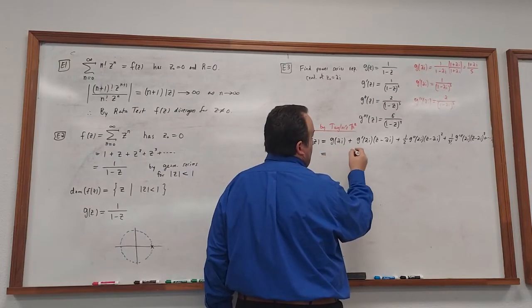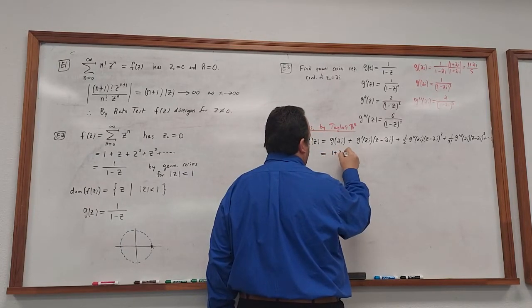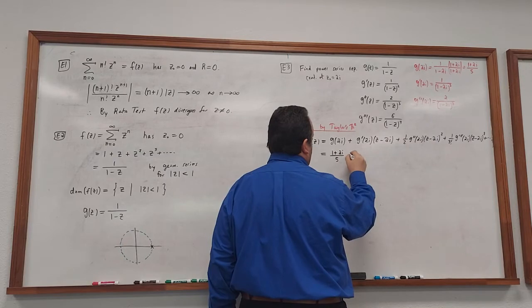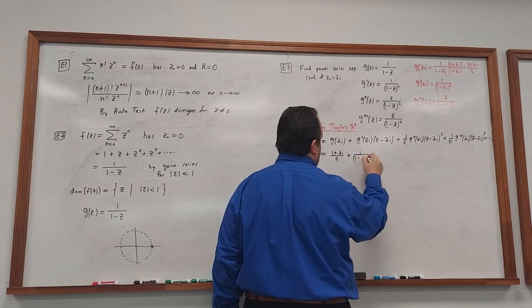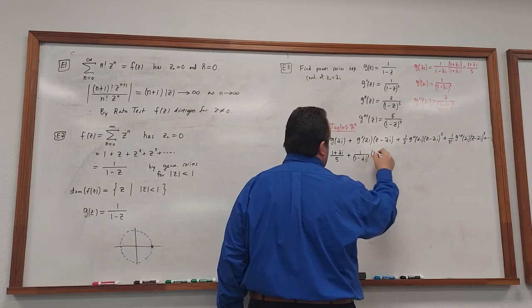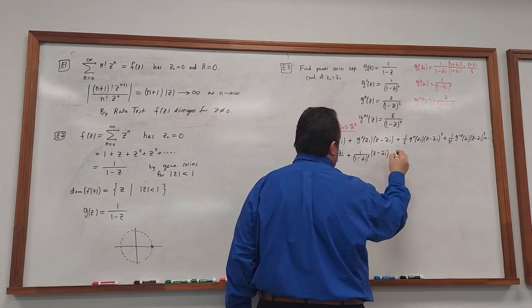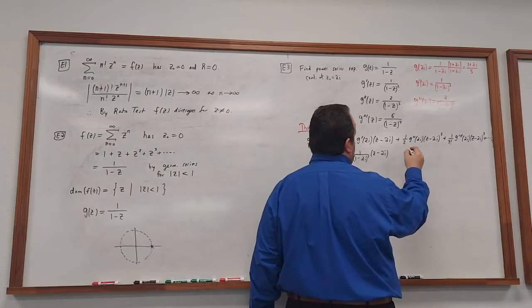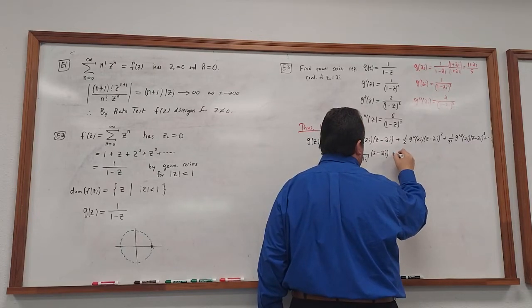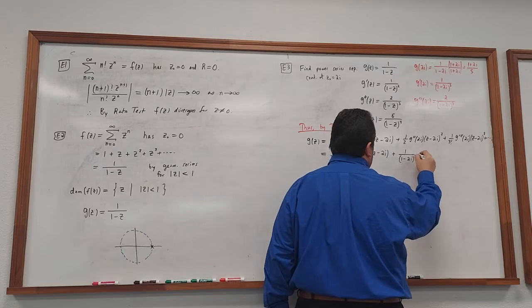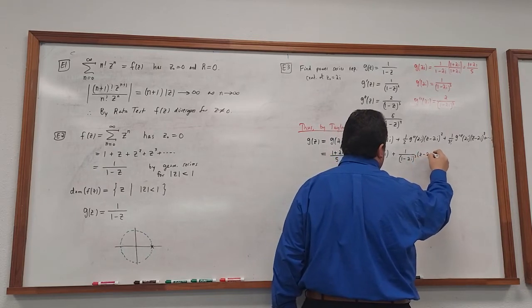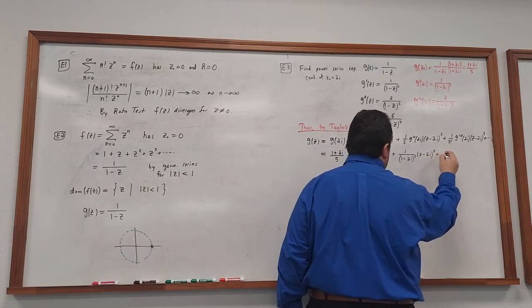And so that would be, 1 over 1 minus 2i, plus 1 over (1 minus 2i) quantity squared times (z minus 2i). Notice the half and the 2 cancel for g double prime, which is kind of cool. So plus 1 over (1 minus 2i) cubed times (z minus 2i) squared.